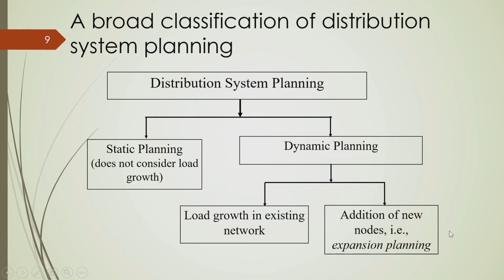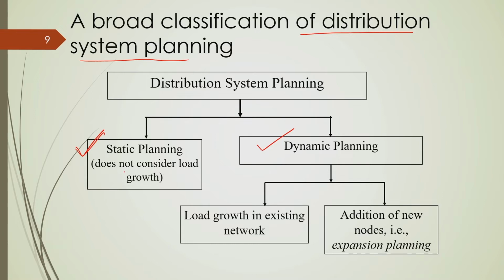Okay. Now, here I have categorized the literature of this distribution system planning problem into two broad categories. One is called static planning, another is called dynamic planning. Now, what is static planning?